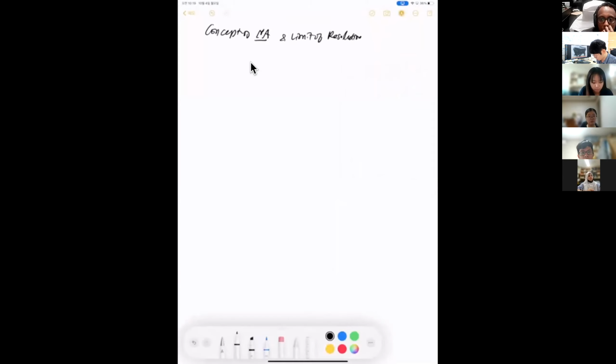Concept of NA and limit of resolution. Okay, so you have this picture on your slide that you can consider your object.